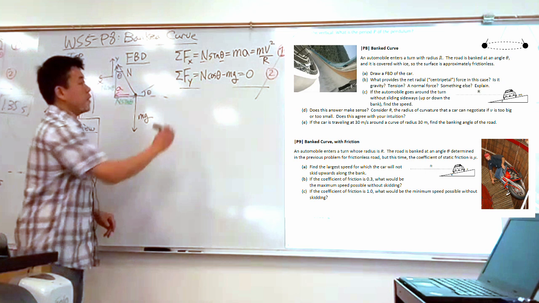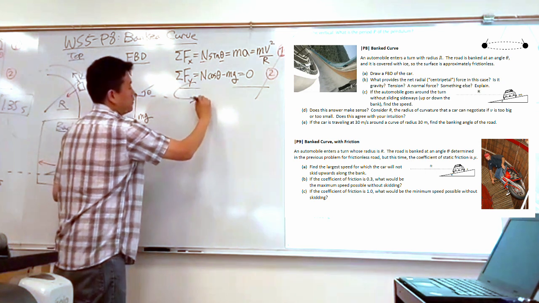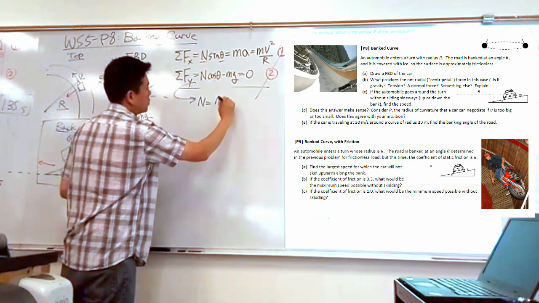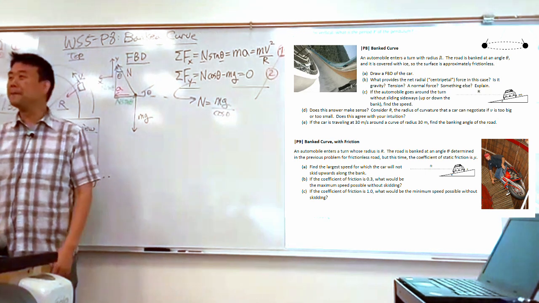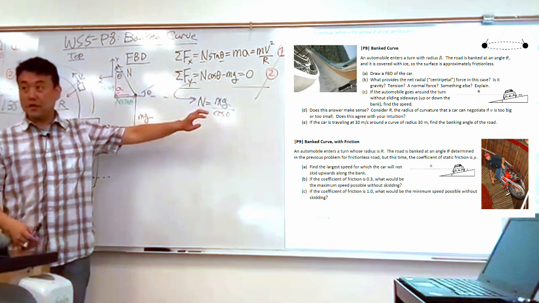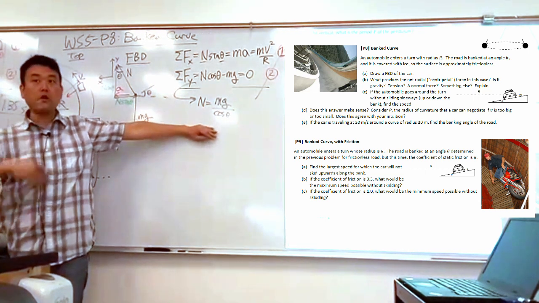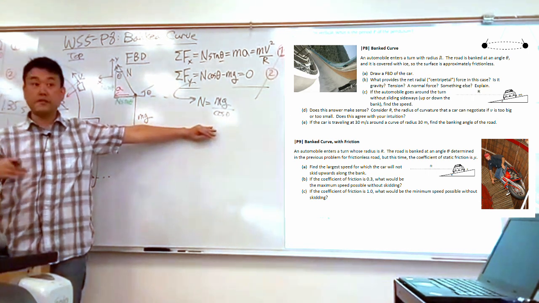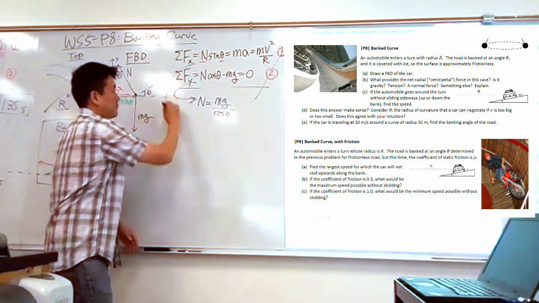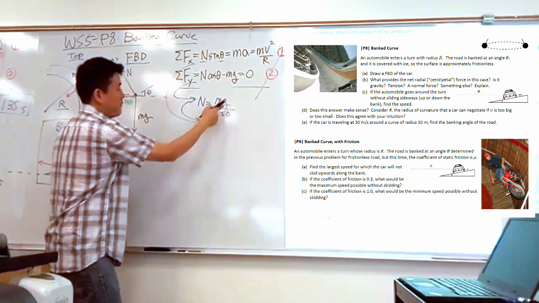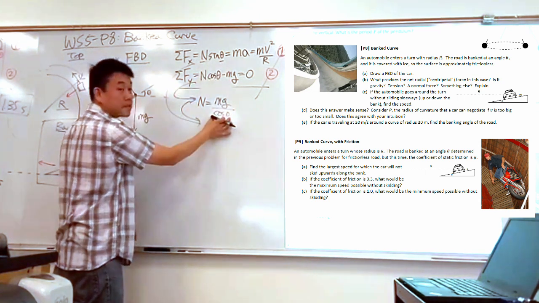Okay, so solve the second equation for normal force. Then I get N is equal to mg divided by cosine theta. I have done this before. But even if you have done it before, I recommend that you go through every single step for every single problem. Plug this in here. Then it's going to be mg sine theta over cosine theta.